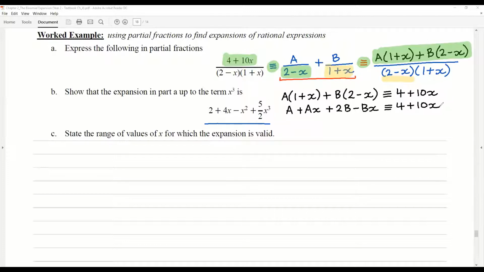Great. Now, let's equate coefficients. So I'll just make a note of what we're going to do now. You don't have to. You could have used a substitution in the previous step, but I'm going to equate coefficients. Just make a note of that. So first of all, let's look at the x's.